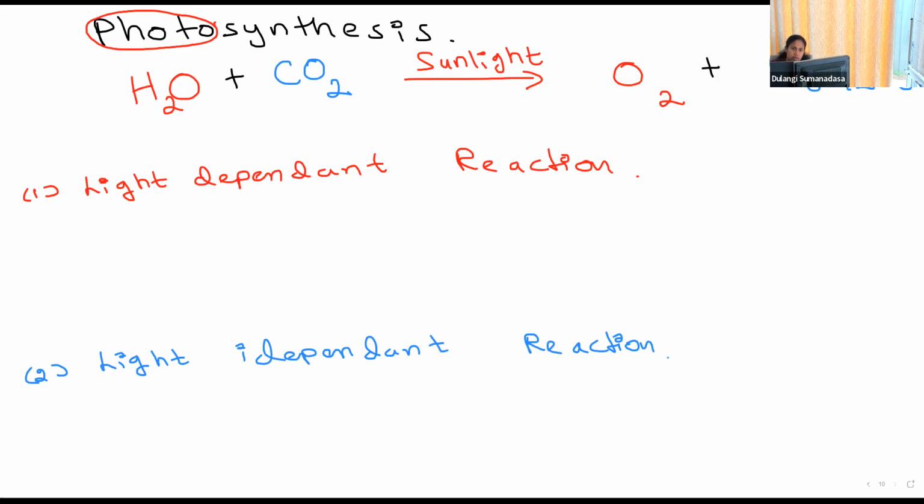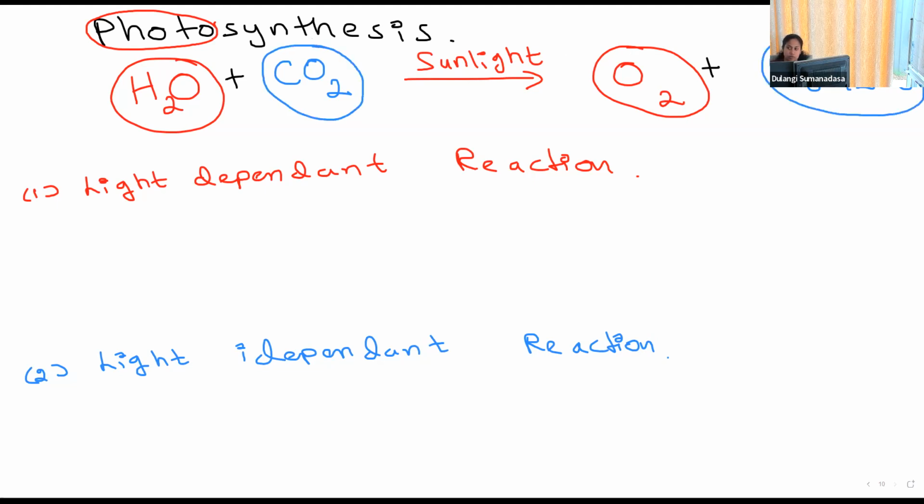So we're using the red ones for the light dependent reaction, that means the water is going to be broken down into oxygen. But the second reaction is the carbon dioxide building up into glucose. Don't swap them.